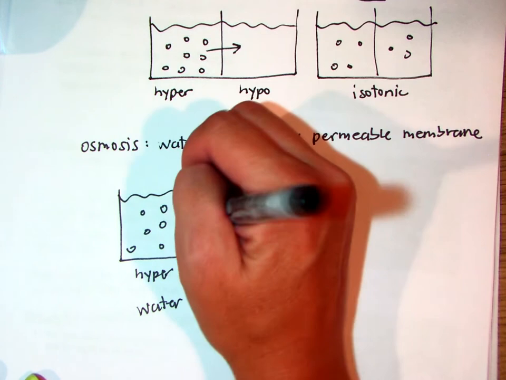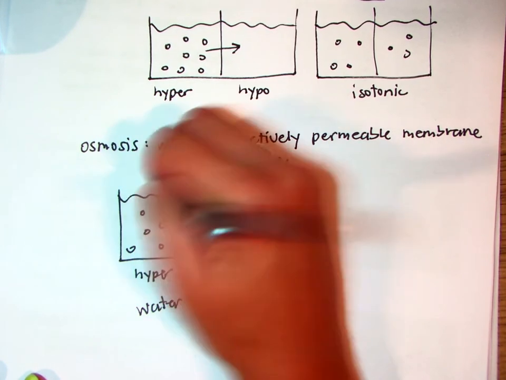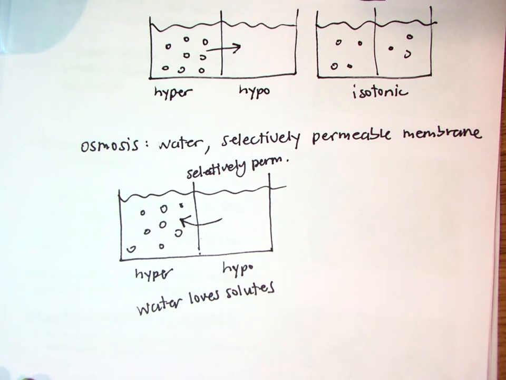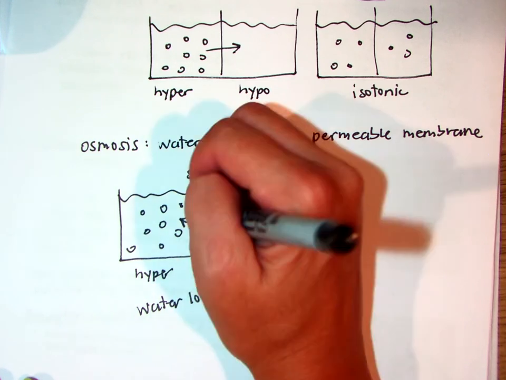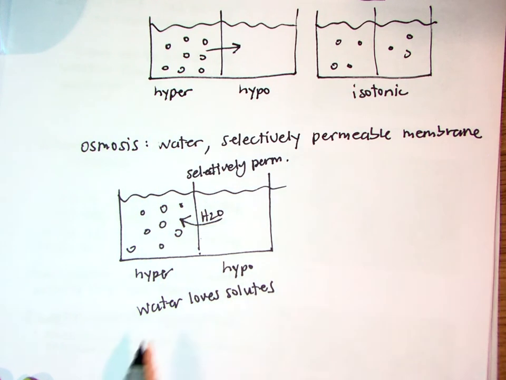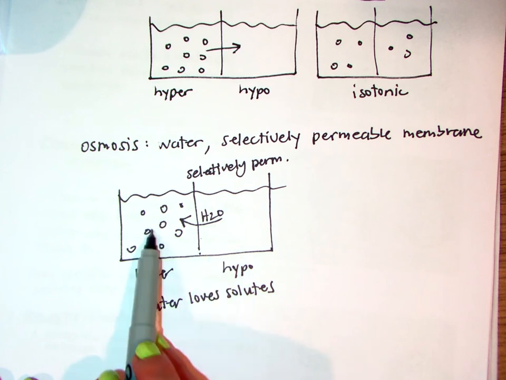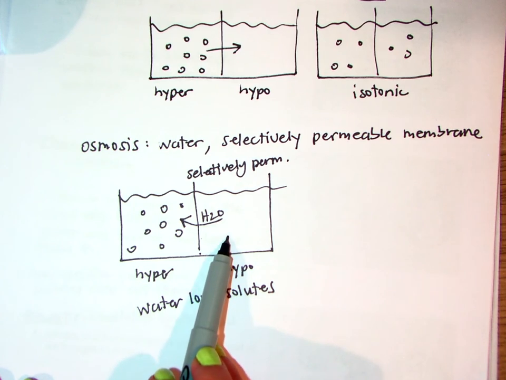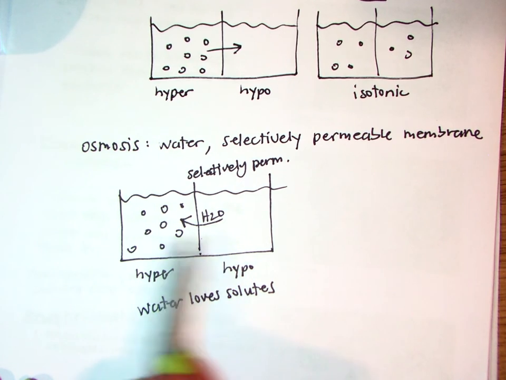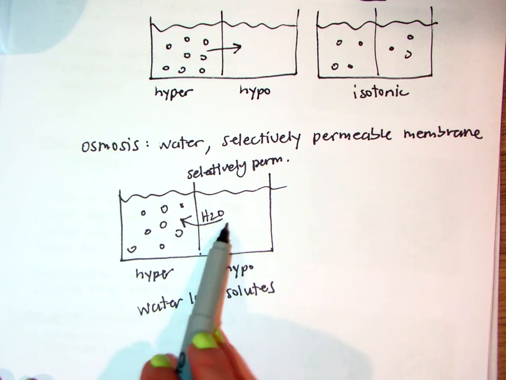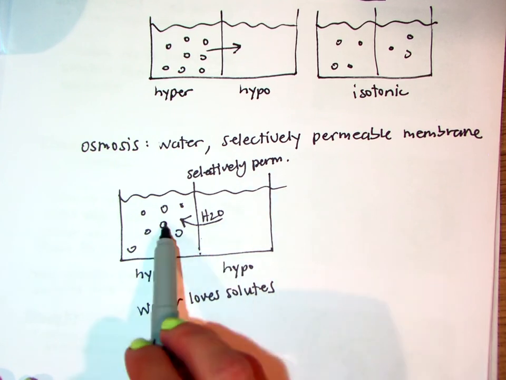And so the water is going to want to move toward the solute, from low solute concentration to high solute concentration. And the water would move in this direction. The key is these solutes have to be trapped. They can't cross through here, otherwise they would just move over through diffusion and equal things out. So they're trapped over here, but water can move through.